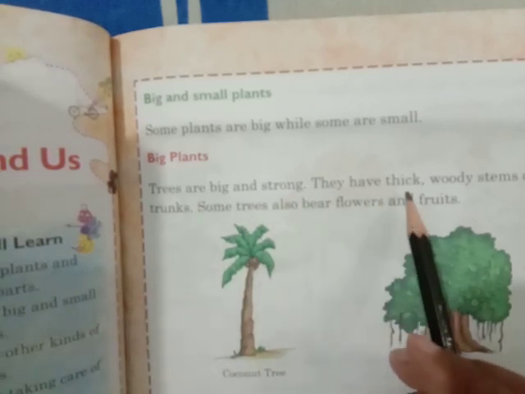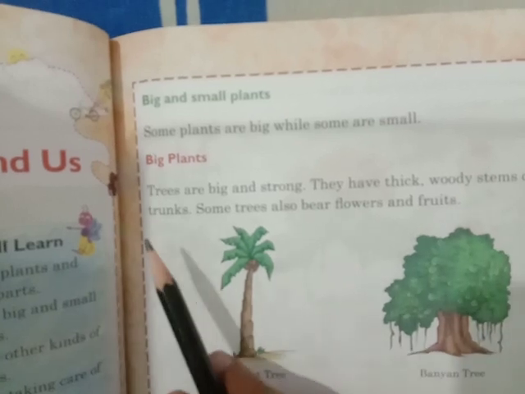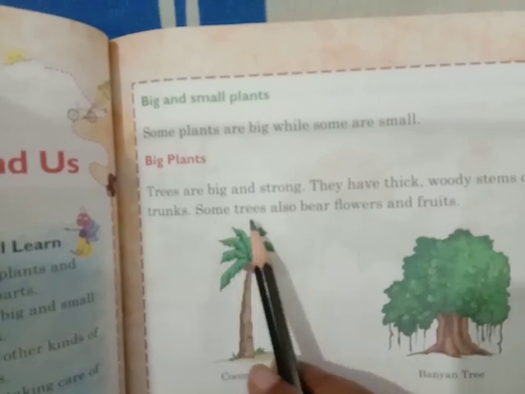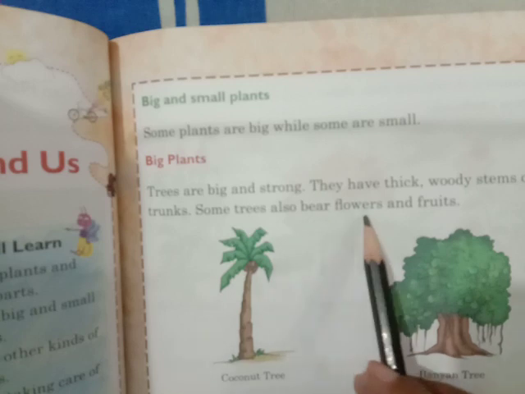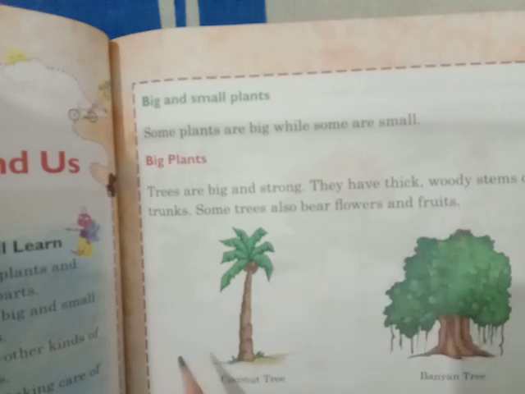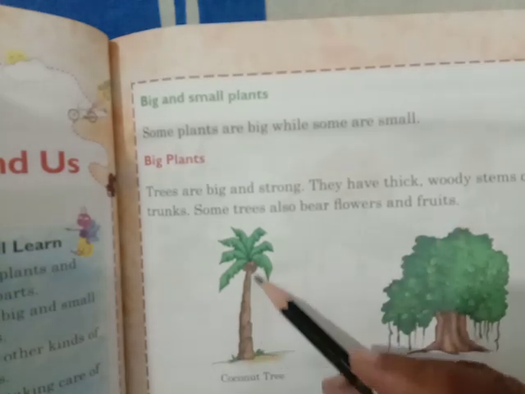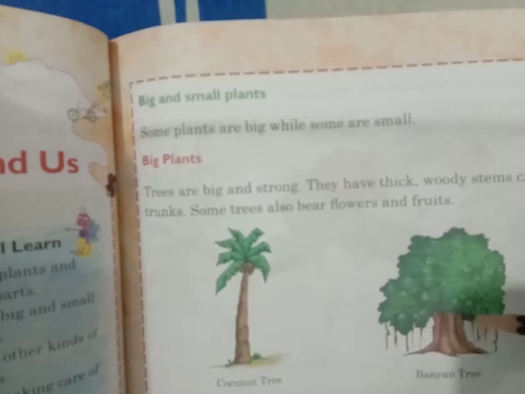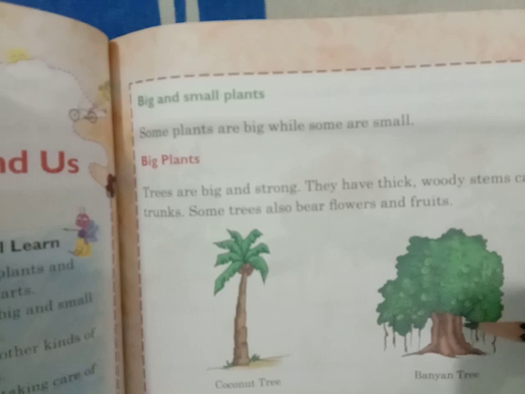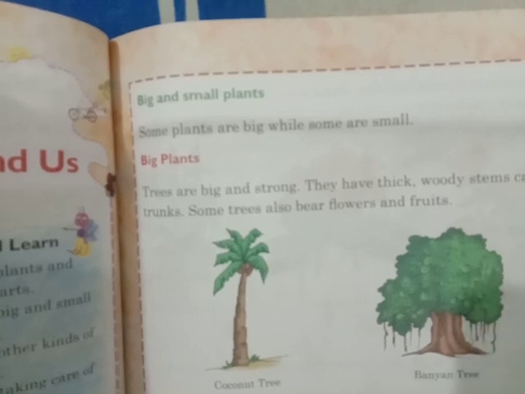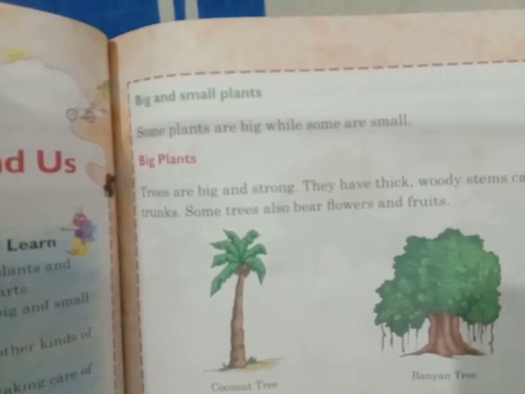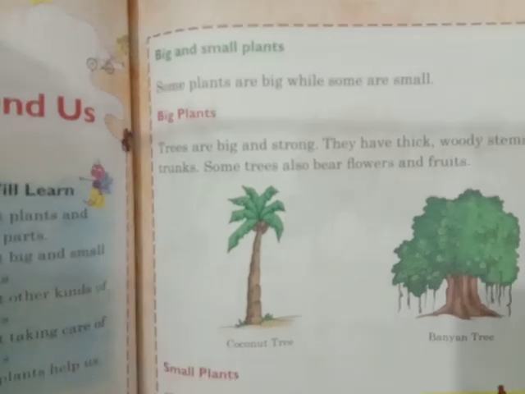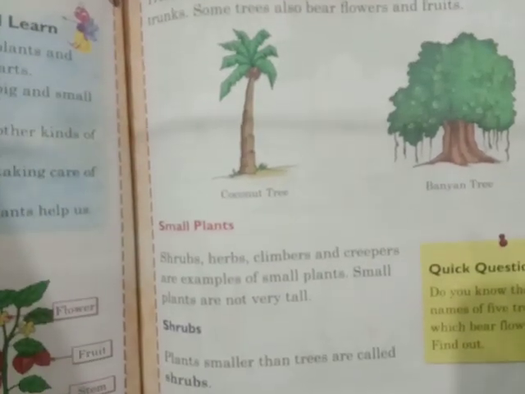They have thick woody stems called trunks. Some trees also bear flowers and fruits. Can you see the tree, the coconut tree? And here there's a picture of a banyan tree. So what are trees, children? Big plants are known as trees.